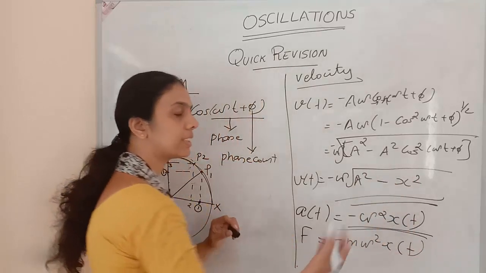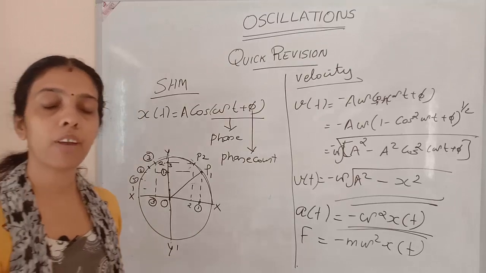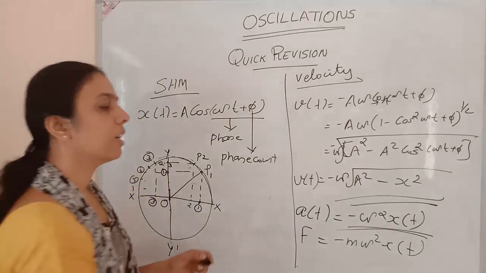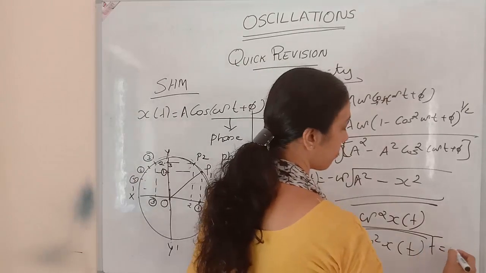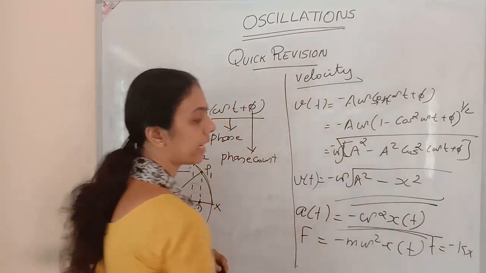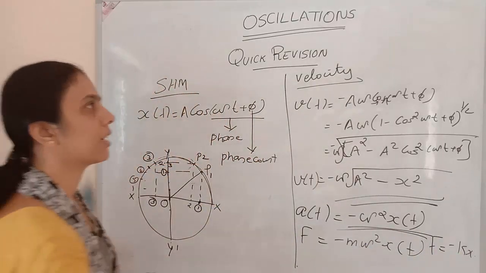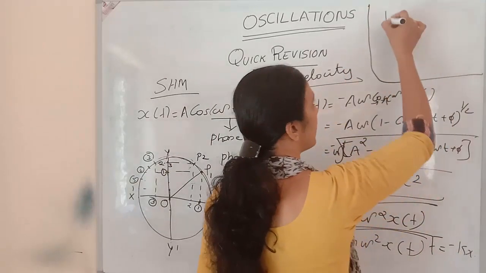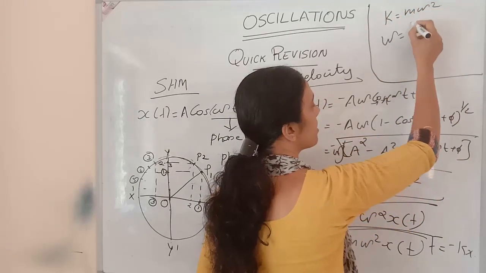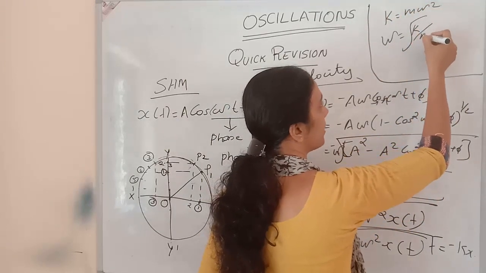But in the case of a spring, F is equal to minus kx as per Hooke's law. So if I compare these two equations, we get k equal to m omega square. So omega equals root of k by m.